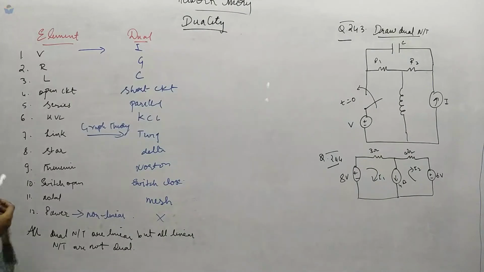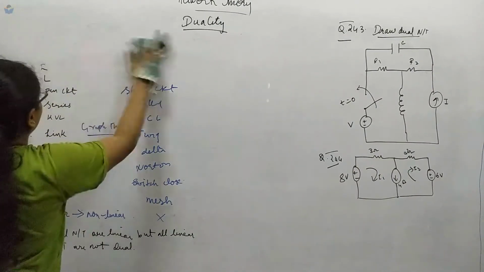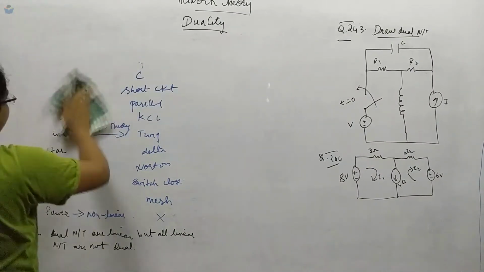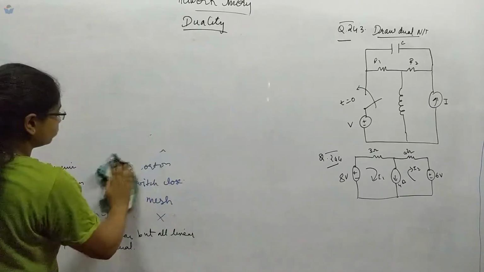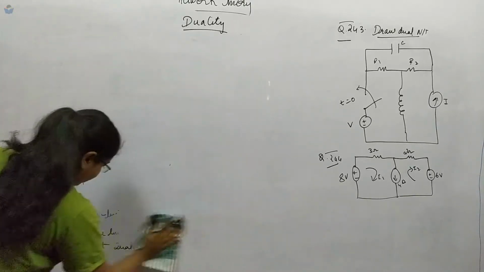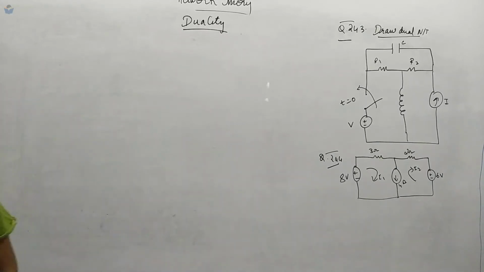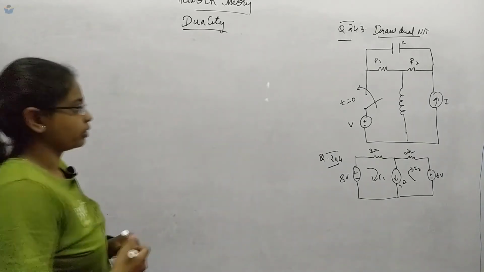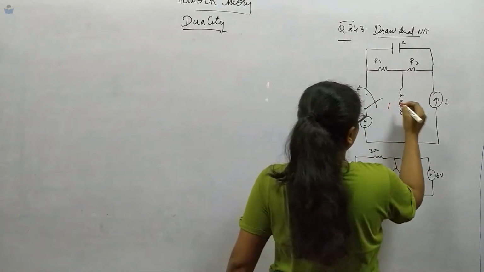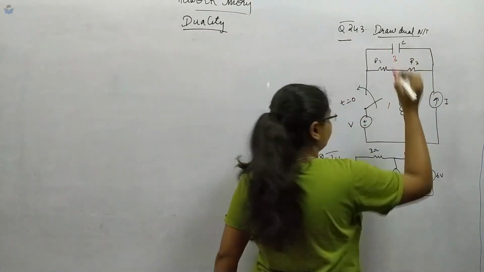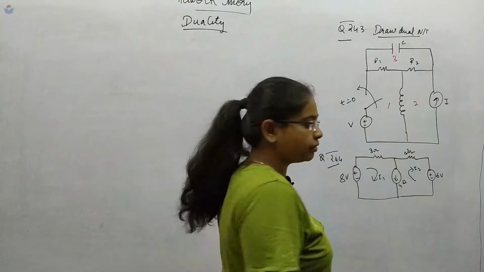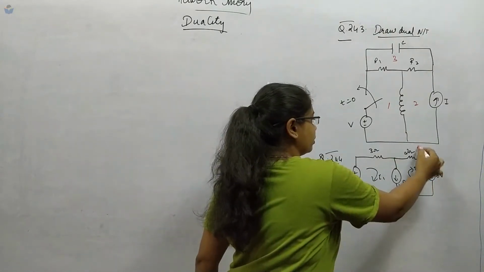You might see question number 243, where we have to draw the dual of that network. There are some rules to draw it. First, we identify and name the loops: this is loop 1, loop 2 and loop 3, and outside that we take one more reference node.